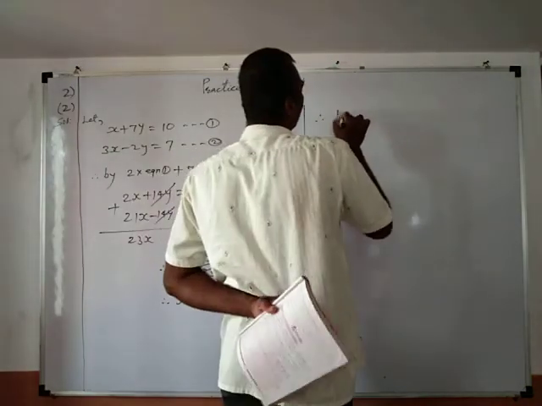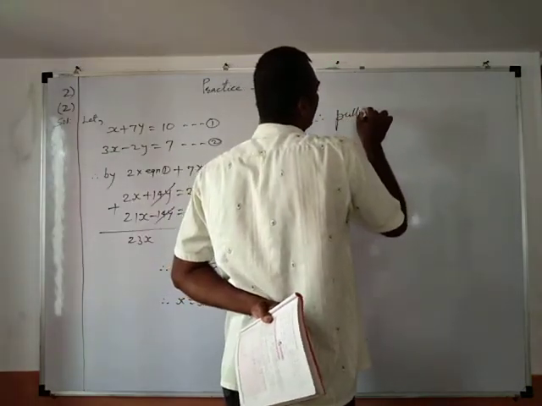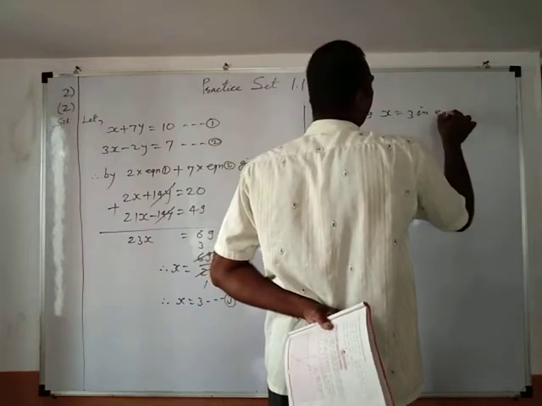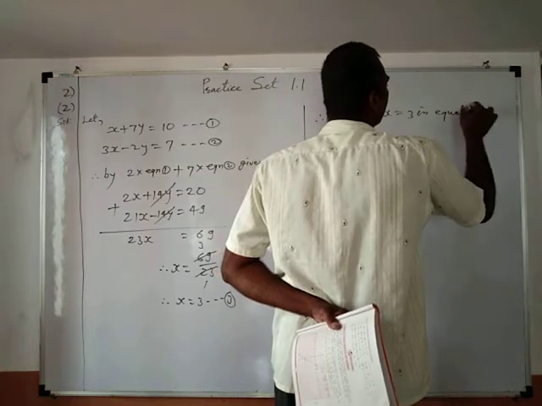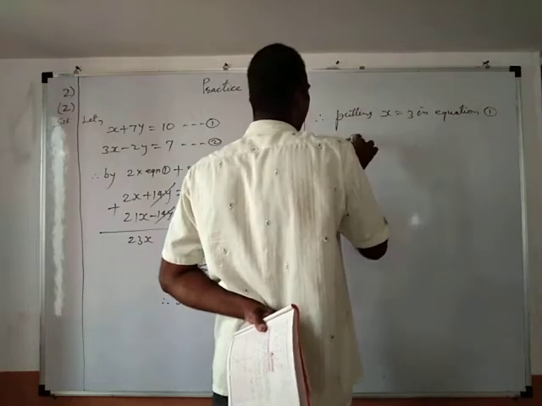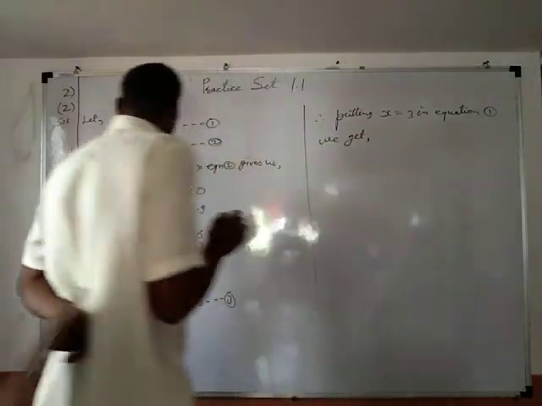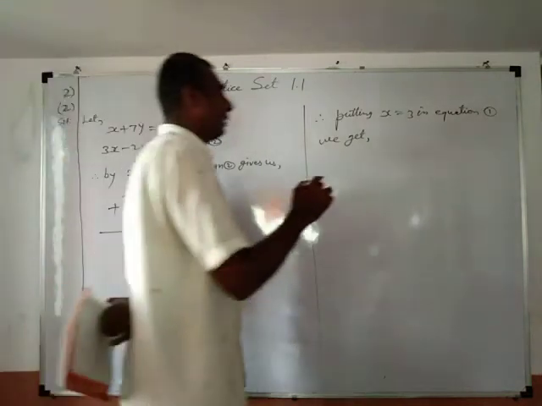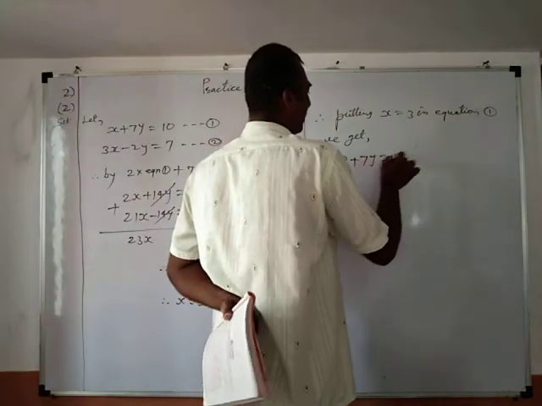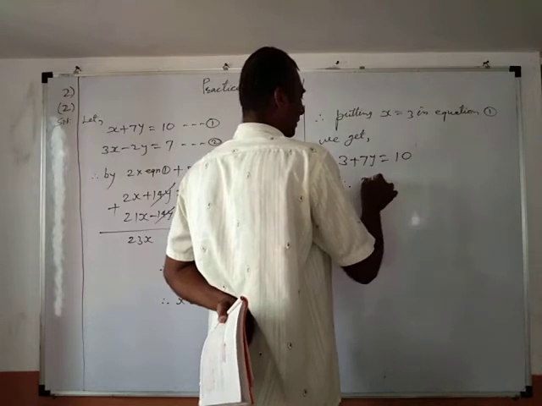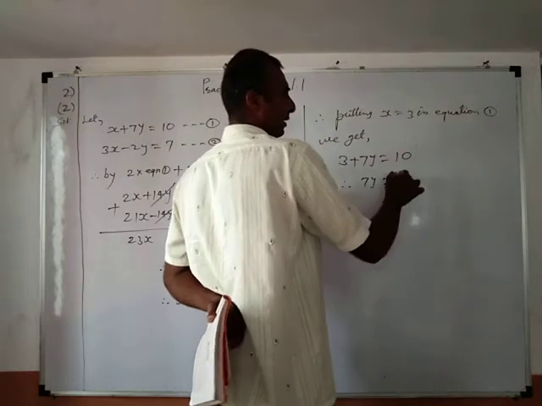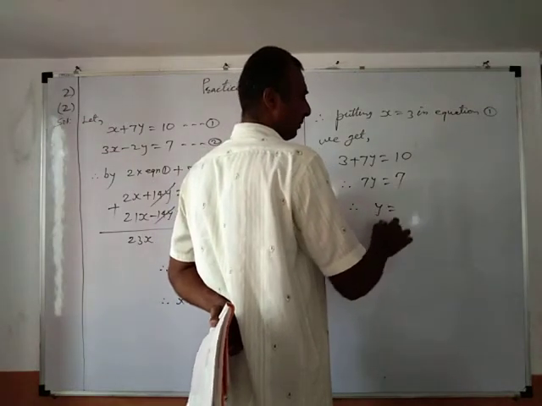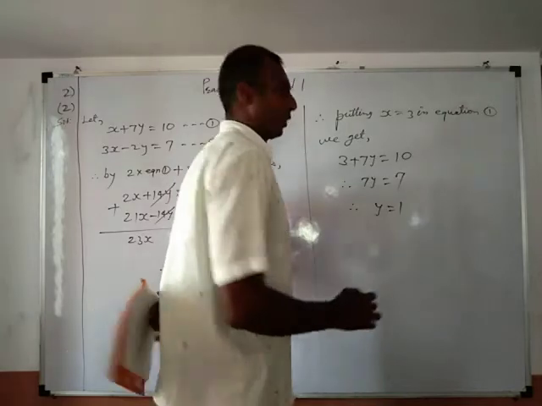And therefore putting this x equal to 3 in equation 1, we get, let us see what we get. Equation 1 is x plus 7y equal to 10, and that's why it will become 3 plus 7y equal to 10, and therefore 7y will be 10 minus 3, means 7, and therefore y will be 7 upon 7, and 7 upon 7 is nothing but 1.